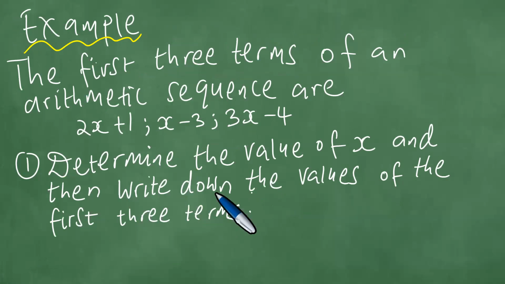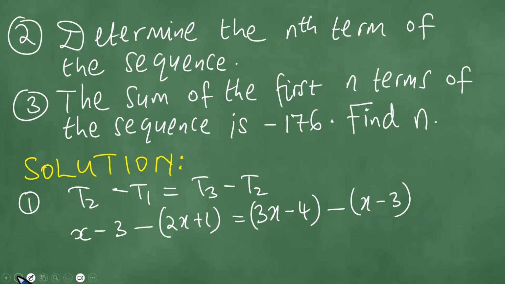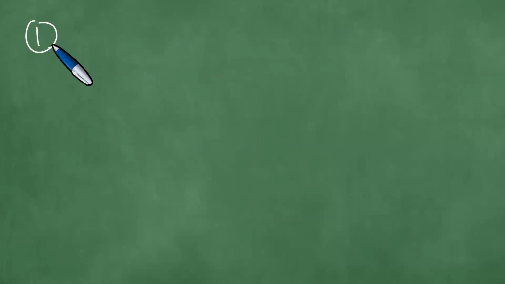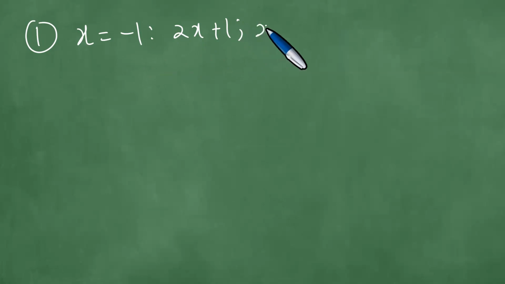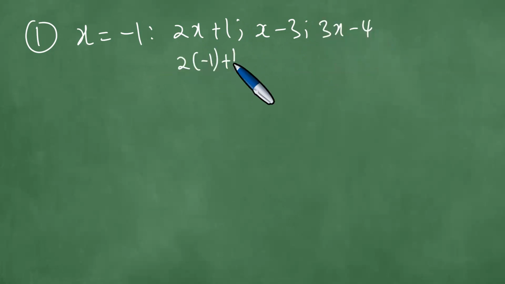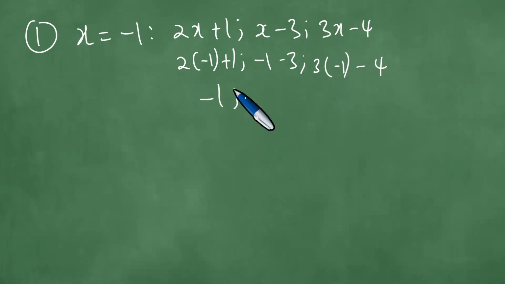Okay, the question said to determine the value of x and write down the values of the first three terms. So you have x equals minus 1: 2x plus 1, x minus 3, 3x minus 4. Minus 2 plus 1 is minus 1.